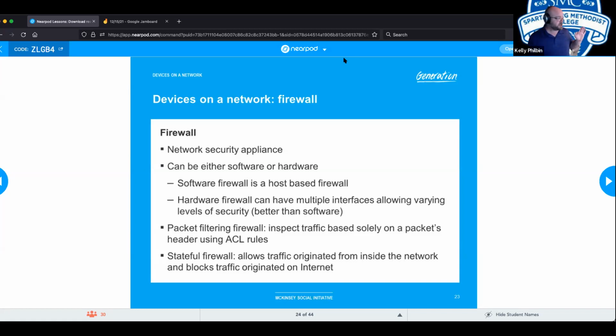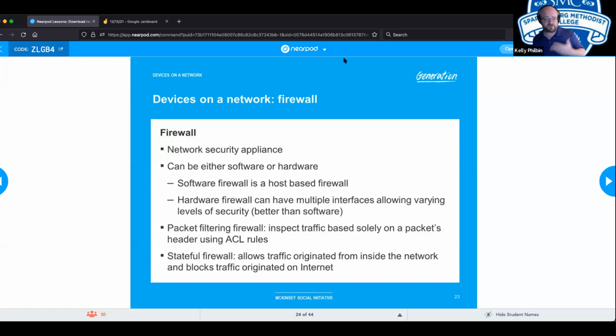We have essentially what is called a packet filtering firewall, which is considered a stateless firewall. Based on rules like where it's going and sometimes what information is being transmitted, it's going to scan all of the packets going through and can shut down anything that it deems it doesn't want to let through.